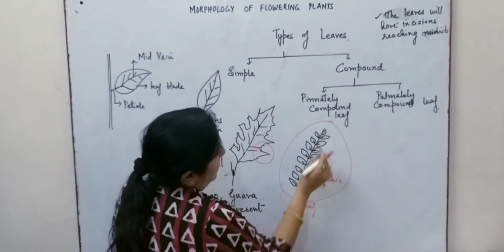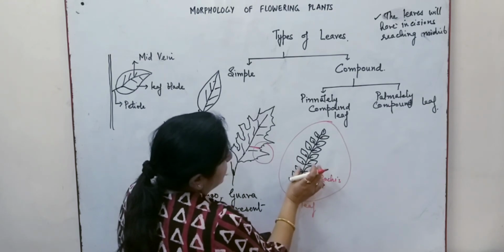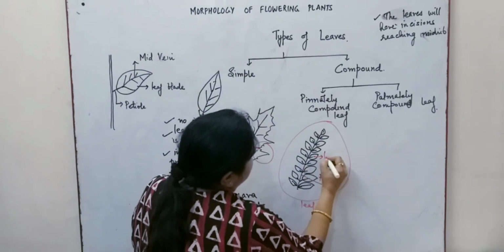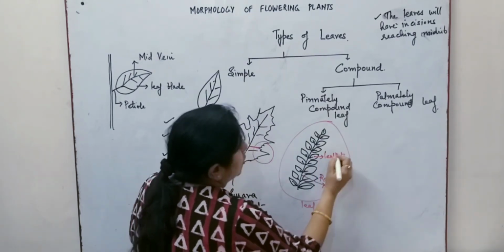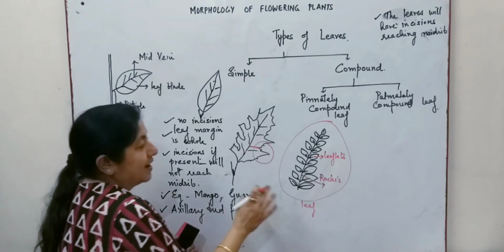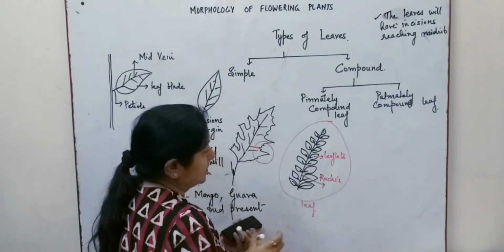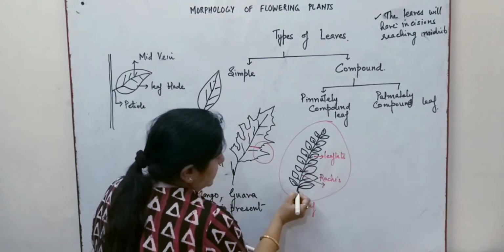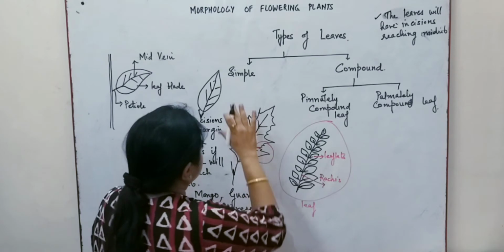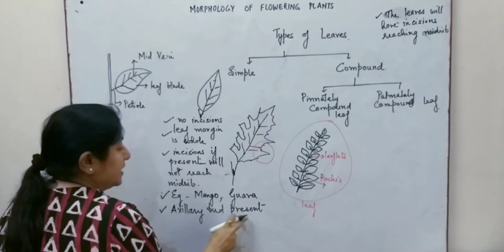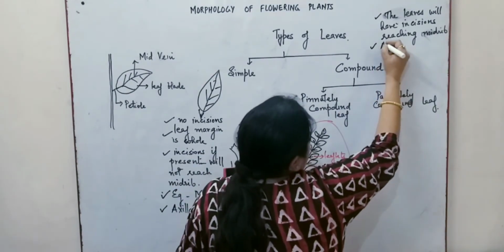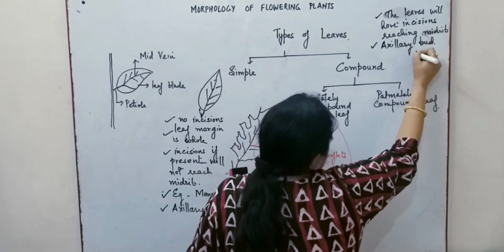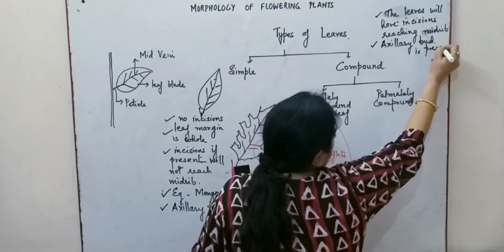Over here, the rachis is holding leaf-like structures, but they are not exactly leaves; we call them leaflets. So leaflets are held in place with the help of a midrib, which is known as rachis. Now, in the case of the compound leaf and the simple leaf, the axillary bud is present at the petiole.